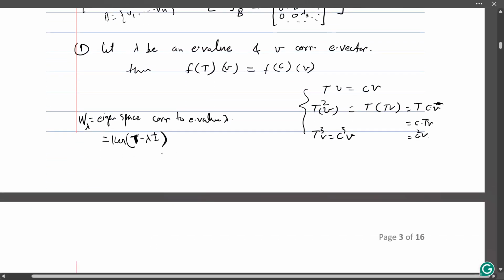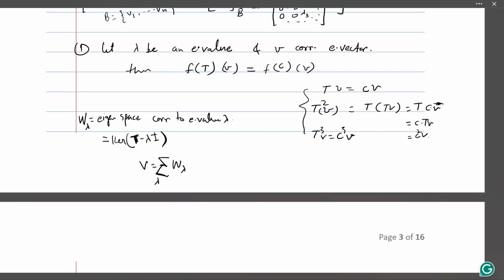Then diagonalization can be defined like this. V can be written as the summation of W lambda over the eigenvalues lambda of V. Then V is diagonalizable.